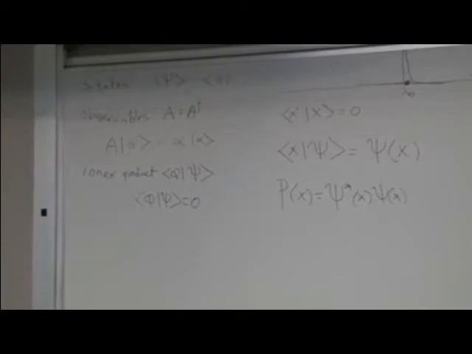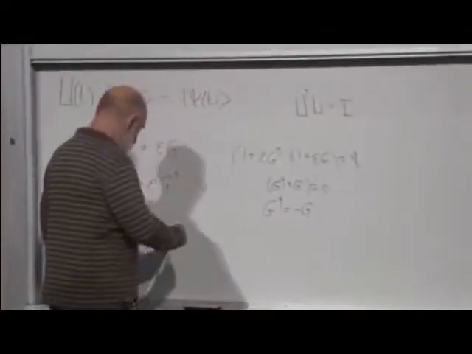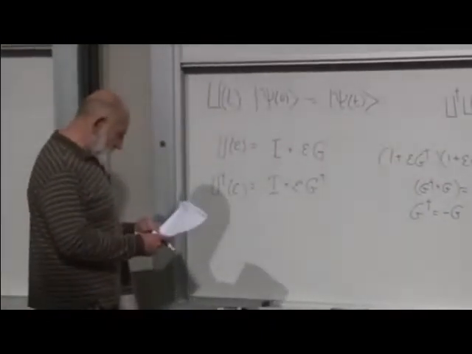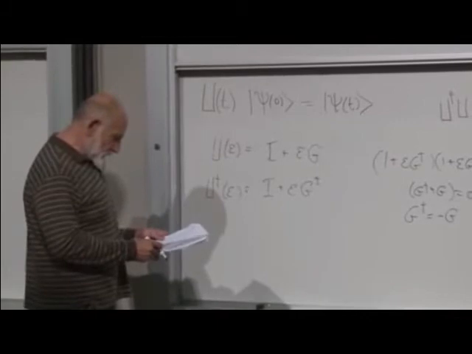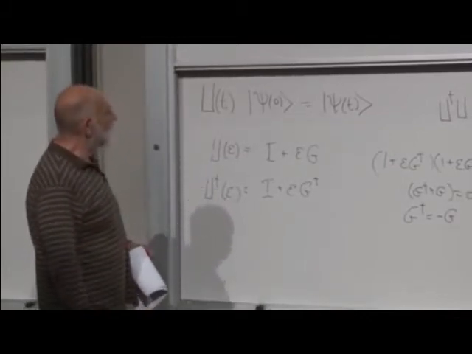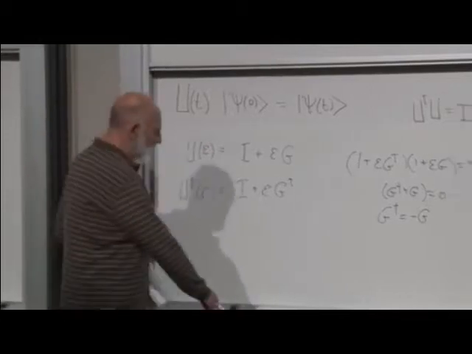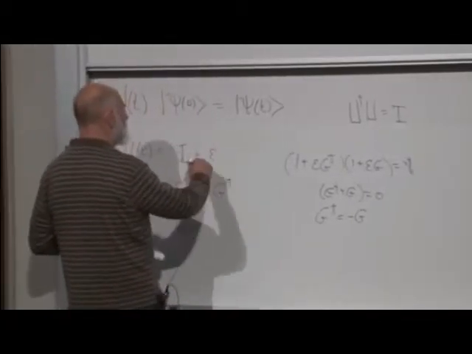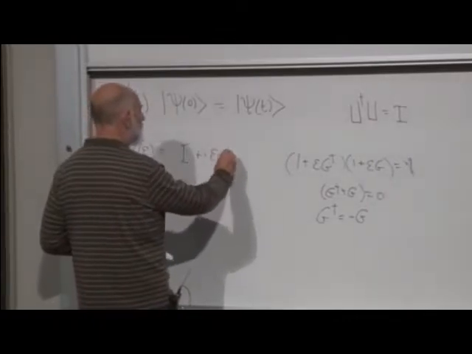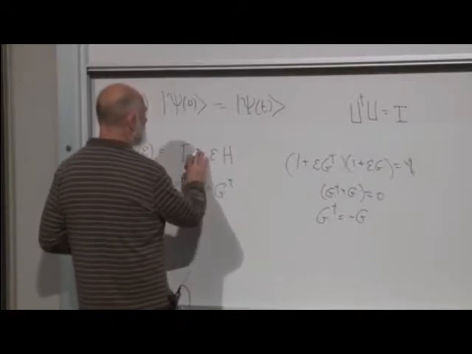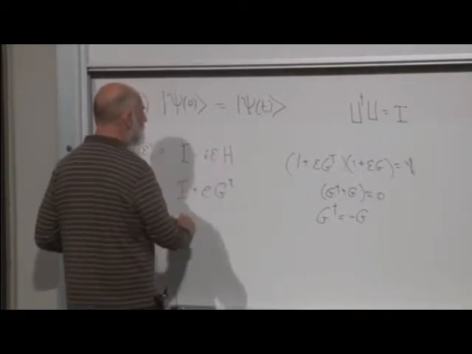We can fix that very simply. Just define G to be, now do I want plus or minus? I always forget. It always takes me a minute or two. I wanted to write 1 plus i epsilon H. But I think the right answer is minus.